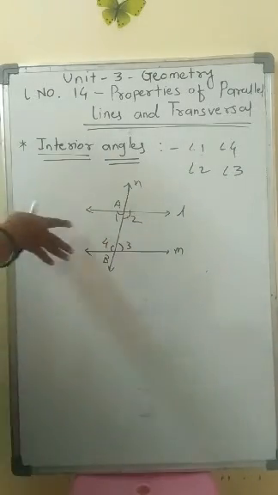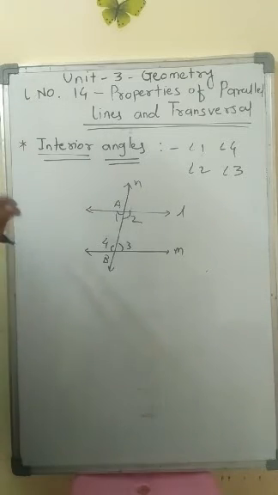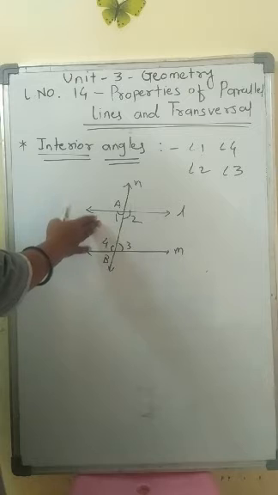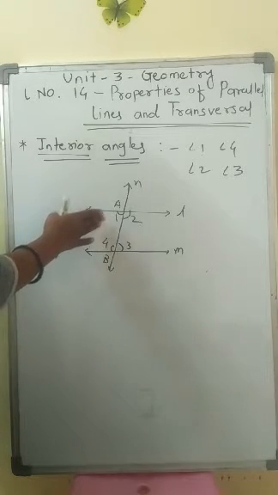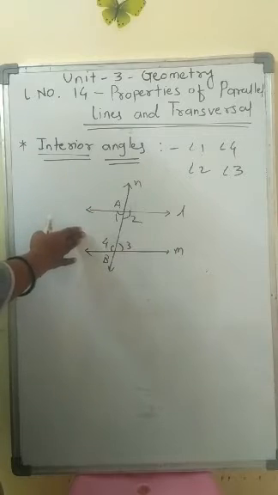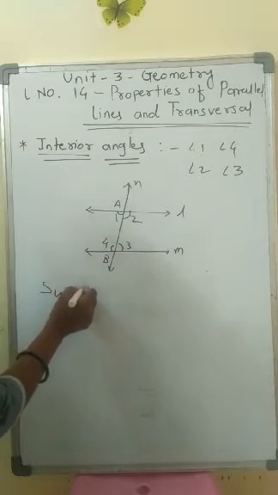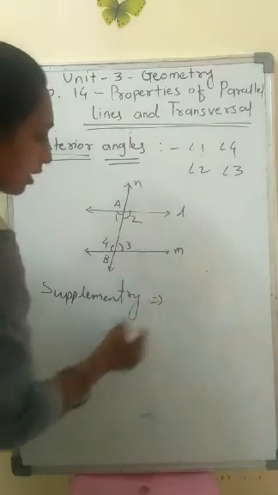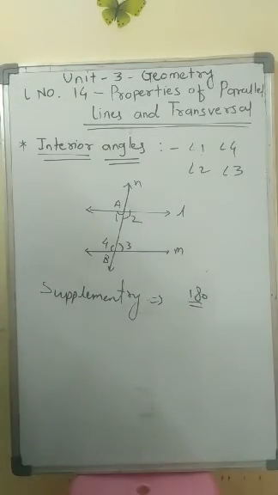If two parallel lines are cut by a transversal, then the interior angles on the same side of the transversal are supplementary. What is meant by supplementary? If the sum of two angles is always 180 degrees, then those two angles are said to be supplementary angles.